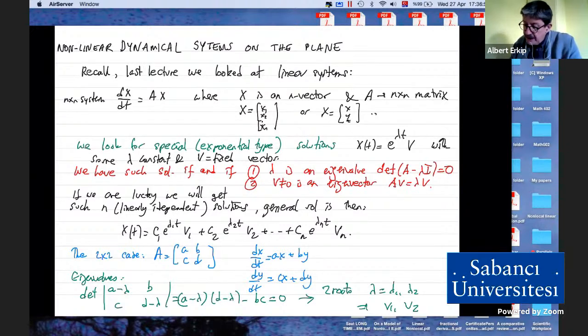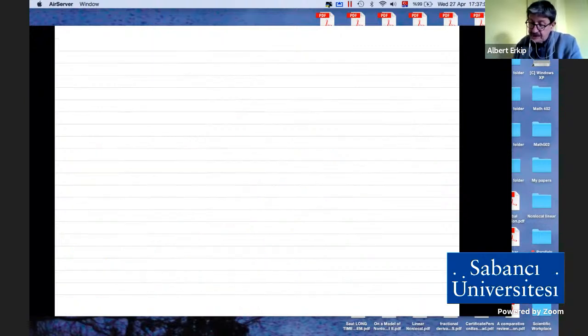Okay, so in general, we have two solutions. Now, what we really did after this was something really nice. We kind of changed coordinates, as follows. Let me write the axes.